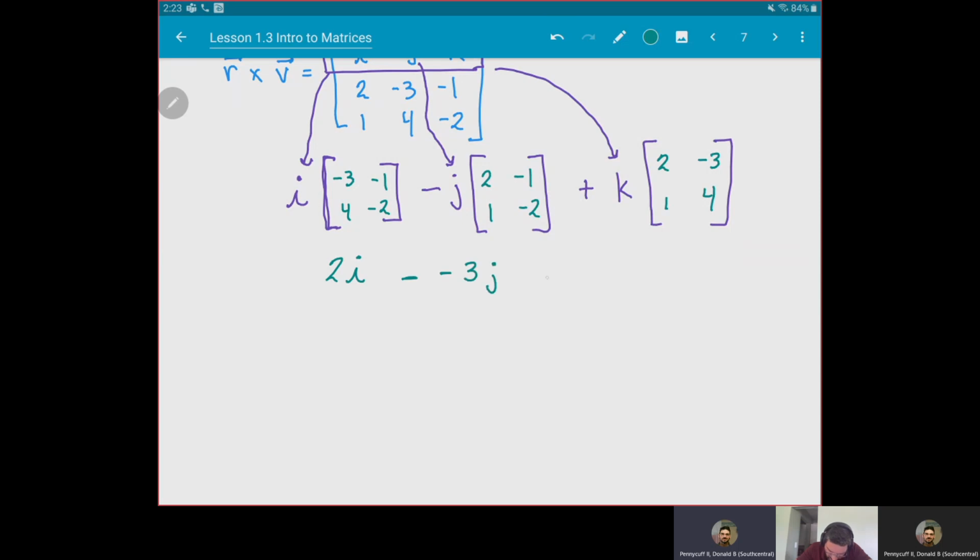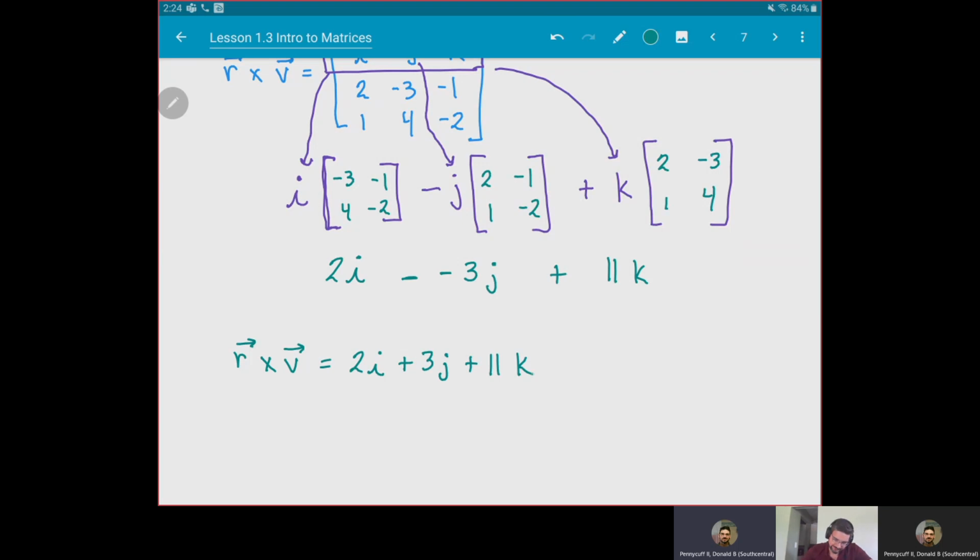Then j, and that's going to be 8 plus 3, so that's going to be 11. Okay. So the cross product of R cross V is equal to 2i plus 3j plus 11k. And we have found the cross product.